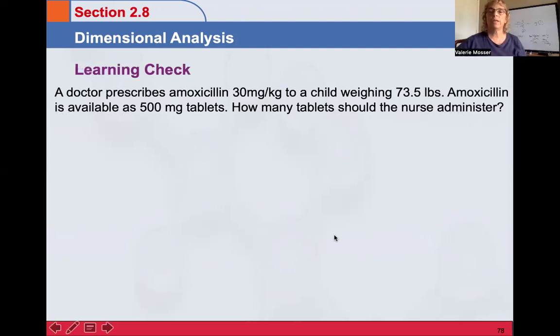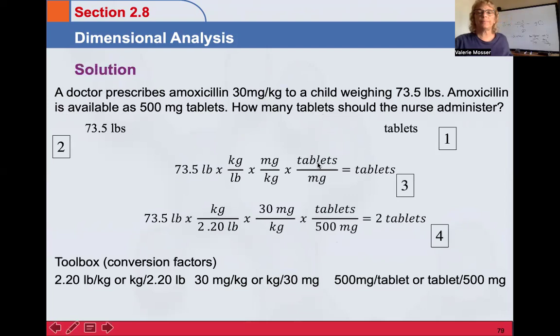And here's a learning check that is similar to the problem we just did. So this is a similar problem with a dosage, a tablet, and the mass of a patient. So we're looking for a number of tablets for a 73.5 pound patient.